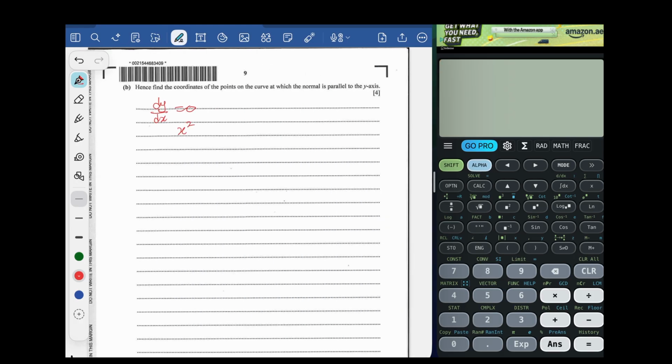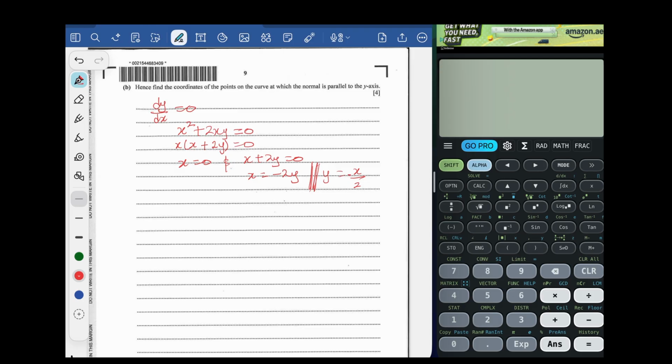From here, I can factorize x out: x times x plus 2y. So x is equal to 0, or x plus 2y equals 0, so x is equal to minus 2y, or y is equal to x over minus 2.